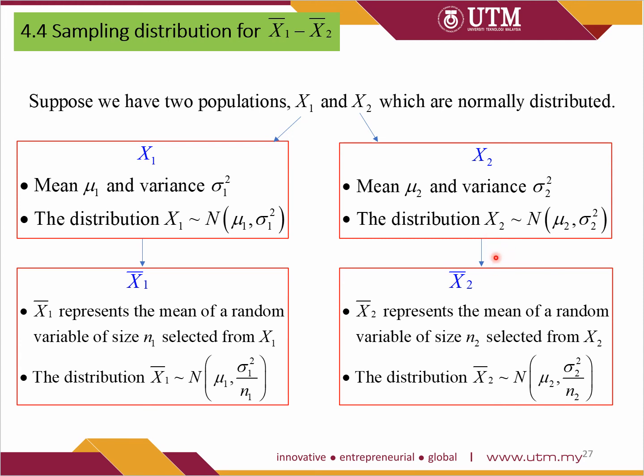If we choose a sample of size n2 selected from the population x2, then x2 bar represents the mean of a random sample of size n2 selected from the population x2. So the sample mean of x2 follows normal, given that the mean is mu2 and the variance is sigma2 squared over n2.